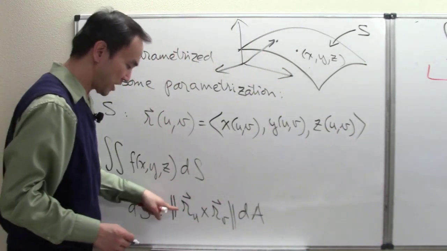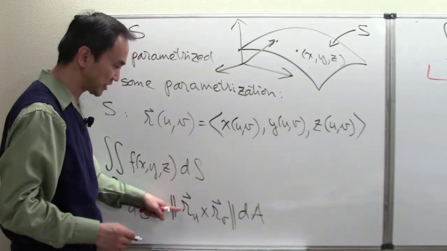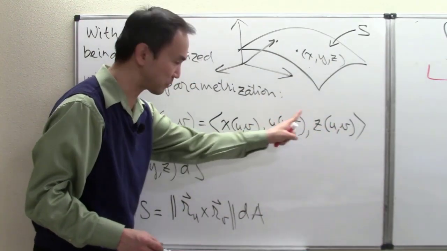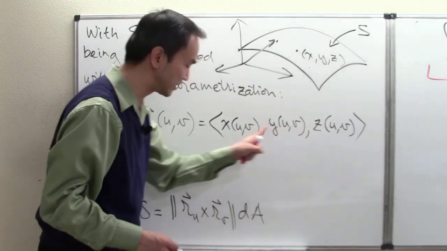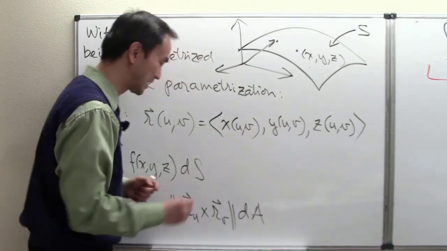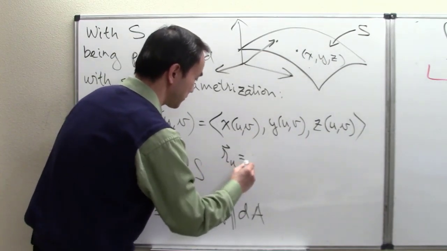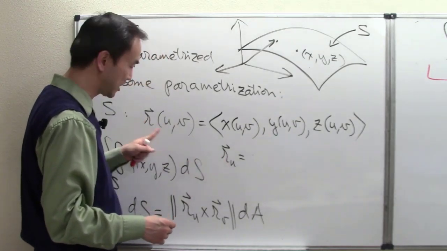And so in that way, r sub u right here is a vector that comes from the partial derivative of each one of these components with respect to the u variable, because each one of our component values here is a function of two variables u and v. As a quick reminder, r sub u means the partial derivative of our vector value function with respect to u.